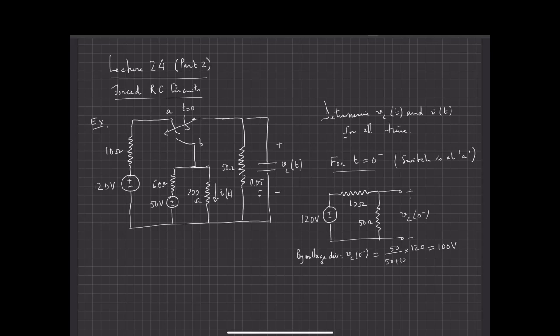All right. So I have Vc at 0 minus, and I know one more thing, that the voltage across a capacitor cannot change instantly. And therefore Vc at 0 minus must equal Vc at 0 plus, and so I know Vc at 0 plus is equal to 100 volts.